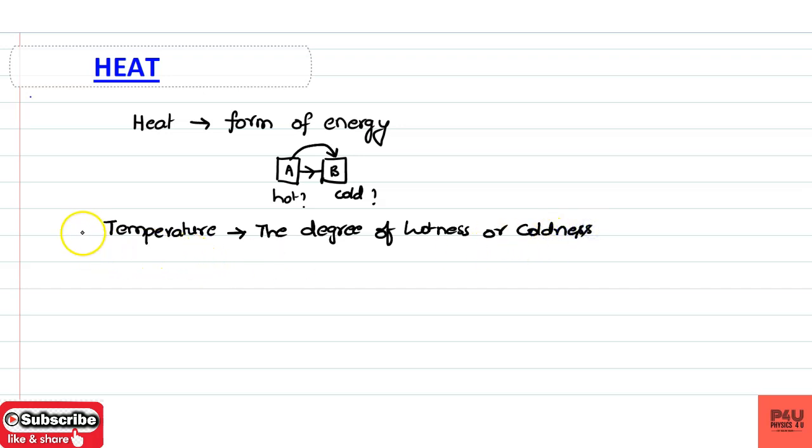By knowing the degree of hotness or coldness, you can say the temperature of the body. So heat is a form of energy, but temperature is a measurement of heat. That means it is a measurement of how much cold it is, how much hot it is. It will show the degree of hotness or coldness.